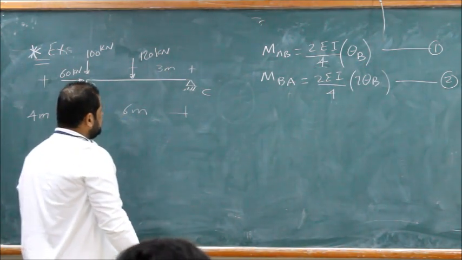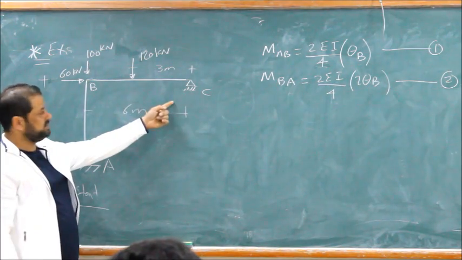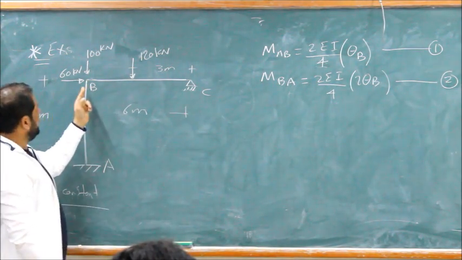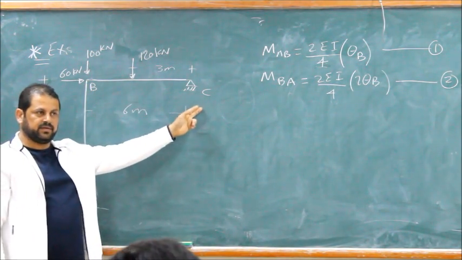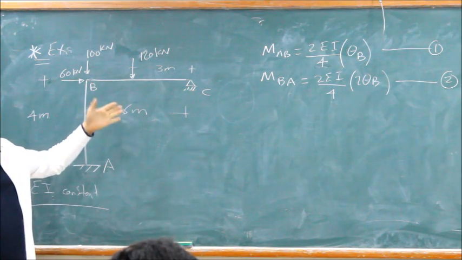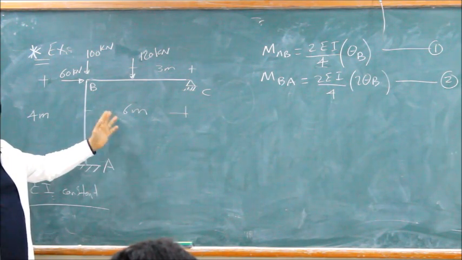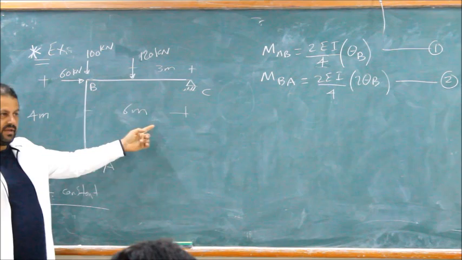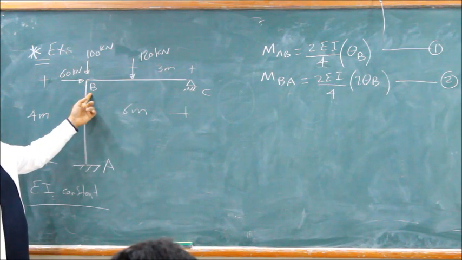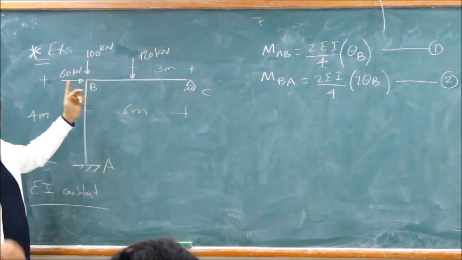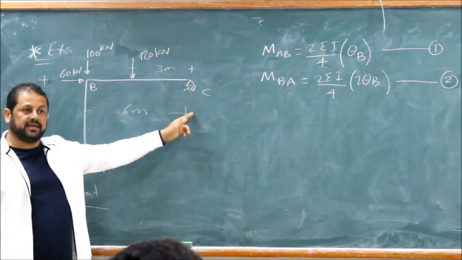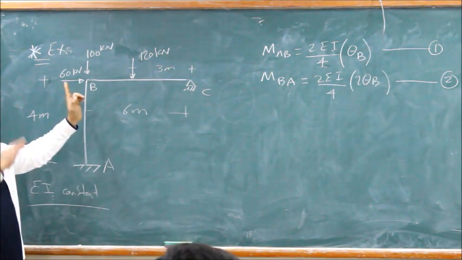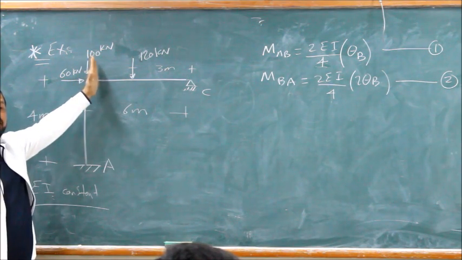Now let's go to this one. MBC equals 3EI over L, right? 3EI over L, and L is 6. Theta B, no psi, right? Plus the fixed end moment in span BC at B. If you use the equation with 3 theta, you just fix one end here.